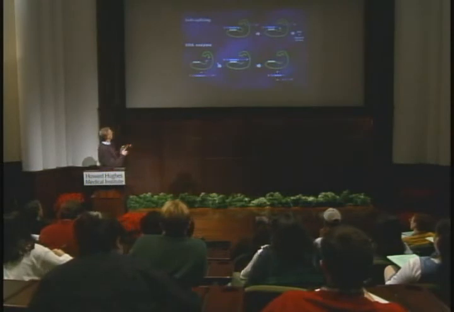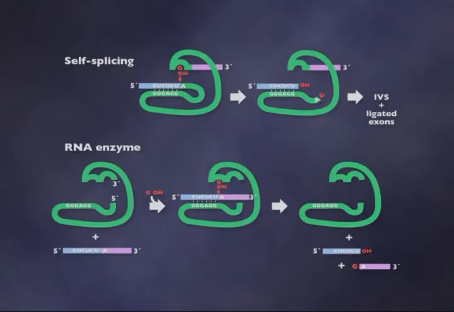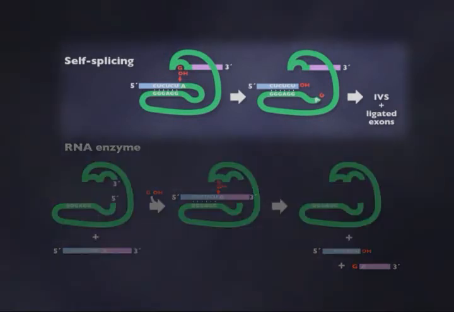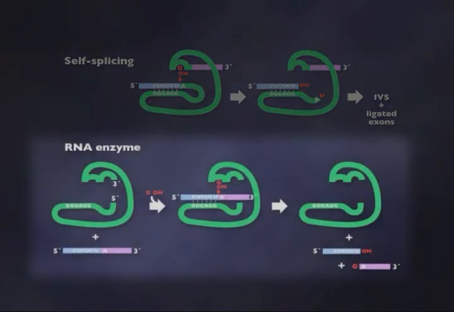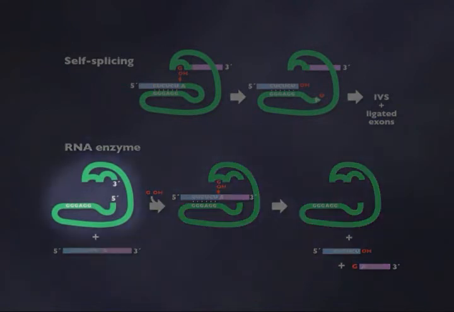The system we have used is, as time goes on, less and less the intramolecular, within the same molecule, rearrangement seen in self-splicing, and more is an RNA enzyme version. So what we've done is to remove the green portion, the intron, which is the catalytic center, away from the parts of the molecule that are acted upon, shown in blue and purple.